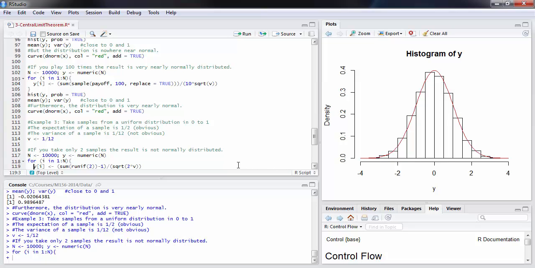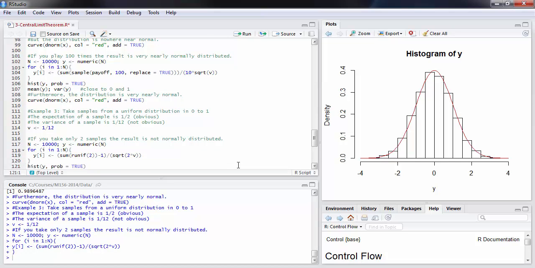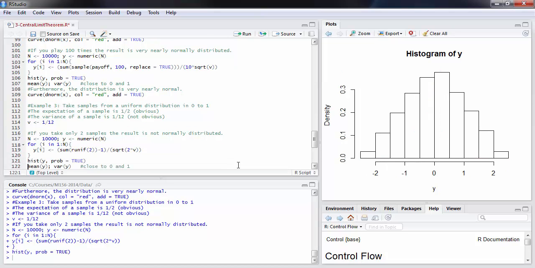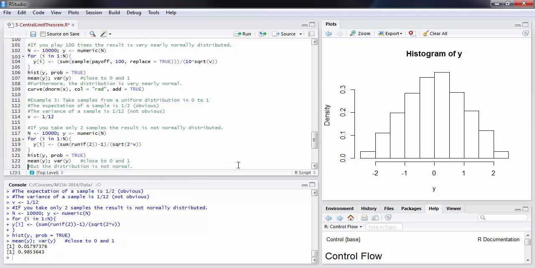If I divide by the square root of 2 times v, that should reduce the variance to 1. Let's see how I've done. Well, the distribution doesn't look normal at all. On the other hand, I have succeeded in getting a mean that's close to 0 and a variance that's close to 1.